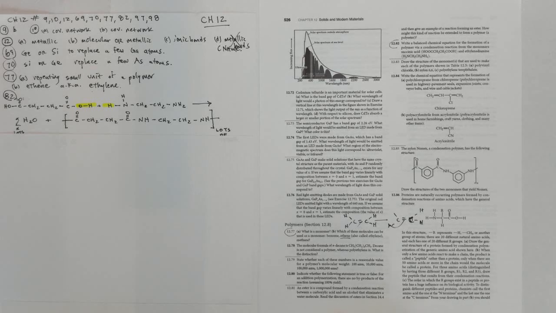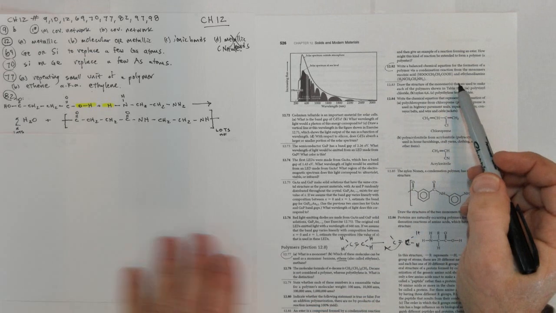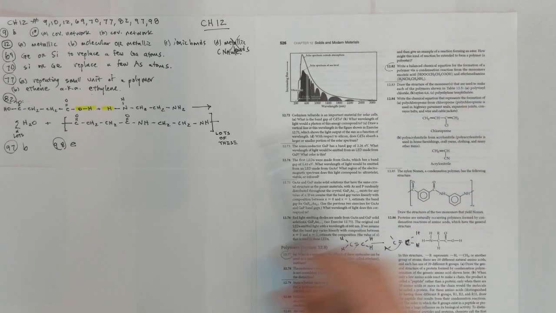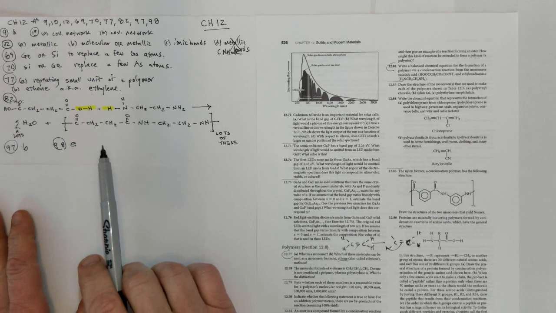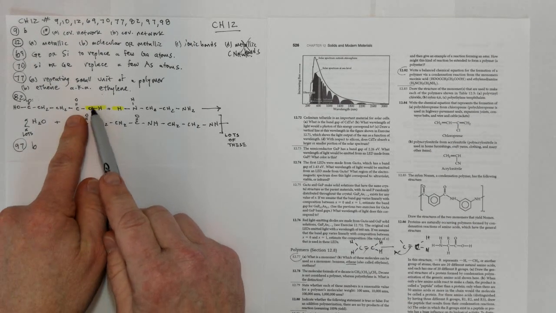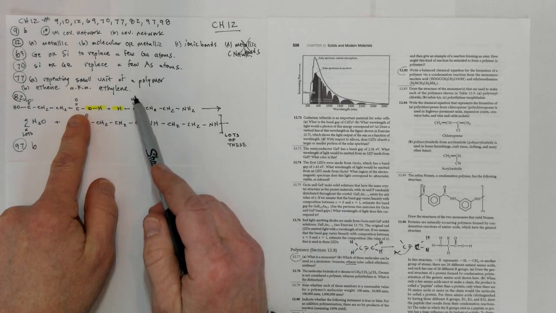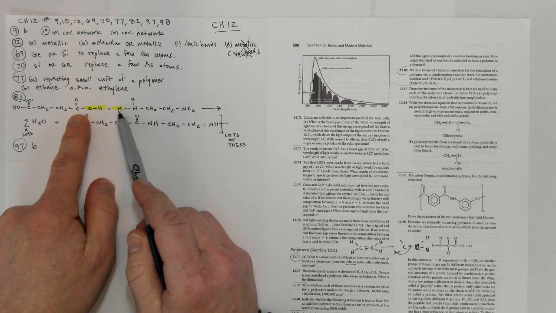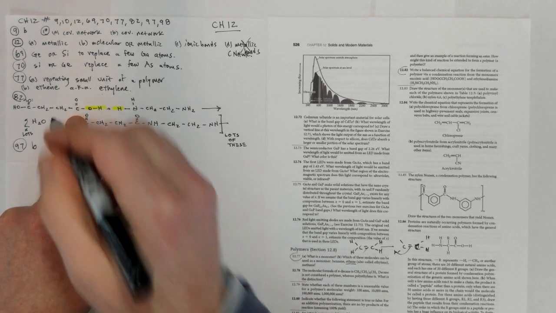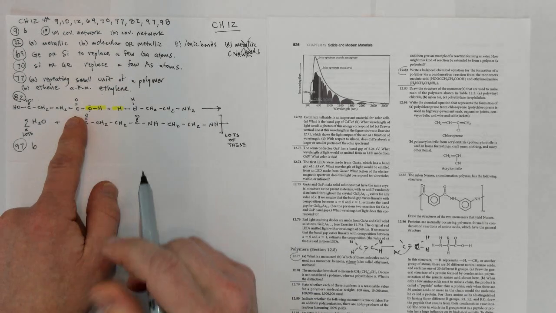In addition, polymerization reaction. Number 82, write the balanced reaction for the formation of a polymer versus condensation reaction. So here's one big long scary molecule right here with a C double bond OH at the end. And then here's another molecule with an N with an H right here. There'd be an unshared pair of electrons on this nitrogen, and unshared pairs of electrons, of course, on these oxygens.